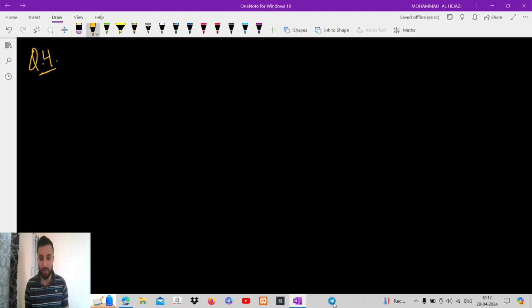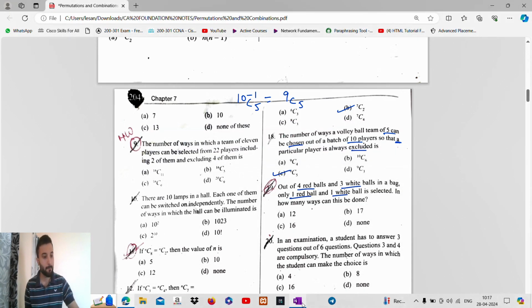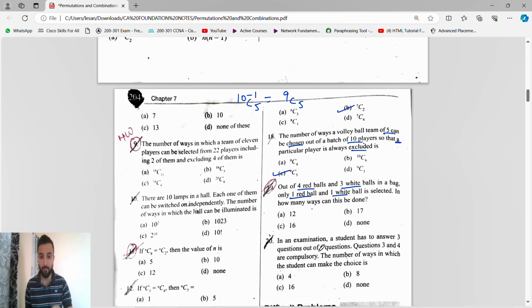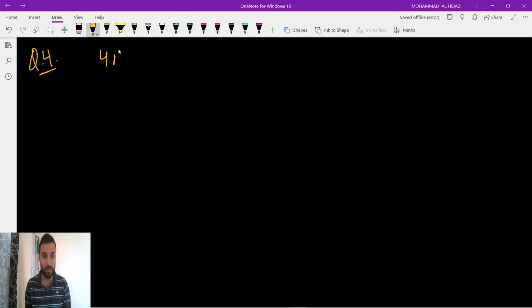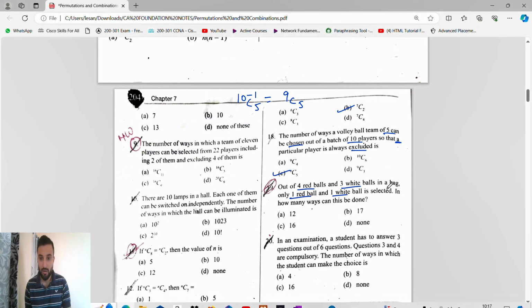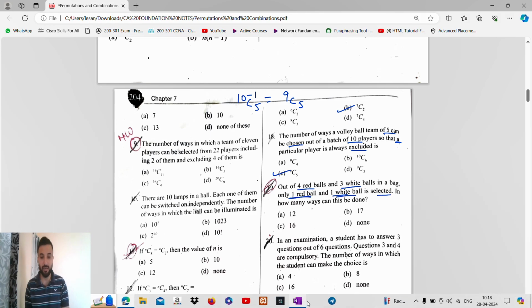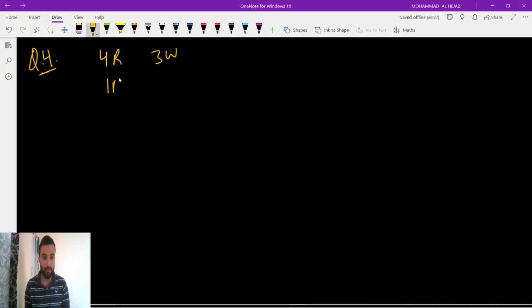What they have said in question number 4 is, we have 4 red balls and 3 white balls in a bag, only 1 red and 1 white ball is selected. Selected means combination.